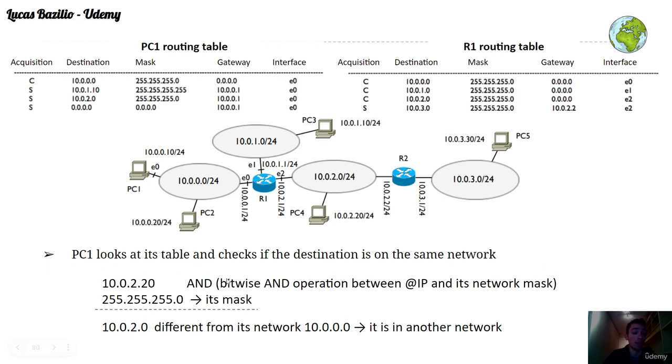We do the bitwise AND operation between this and the mask of PC1. This is the mask of PC1. And then we check if this resulting value is the same as the network of PC1. Of course, it is not. The network is 10.0.2.0. This is different from the network of PC1. So therefore, this destination, this host, is in another network.